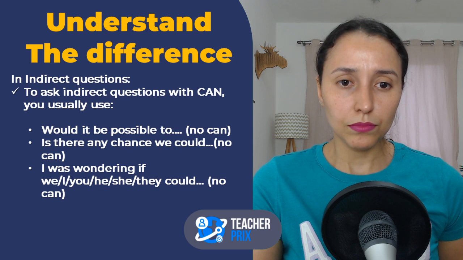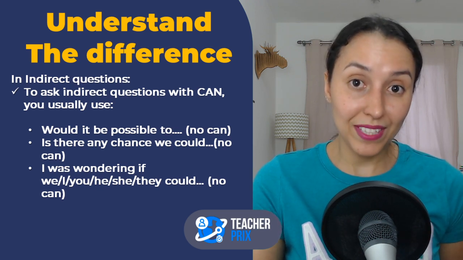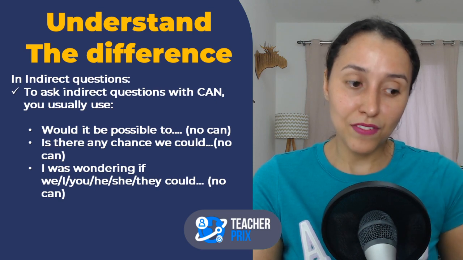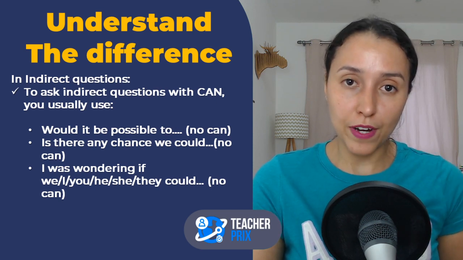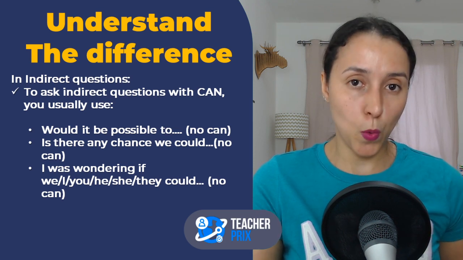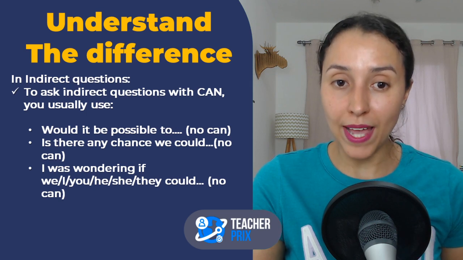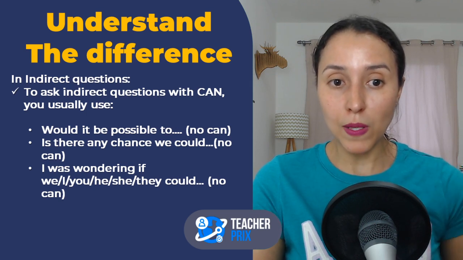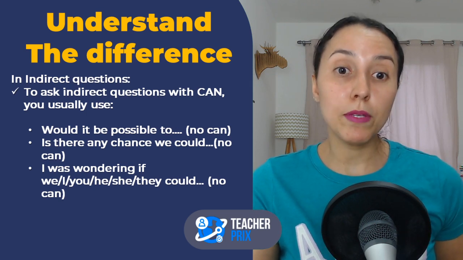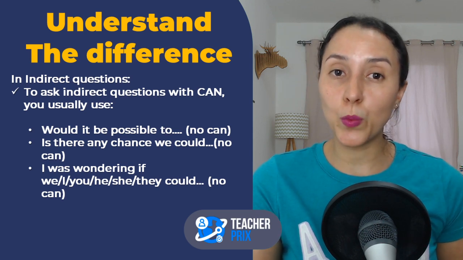Now, I want to ask questions that are indirect with can. In this case, I have specific phrases that I can use. So if my direct question uses can, if I want to make an indirect question, I have these possible beginnings. Would it be possible to? Is there any chance we could?